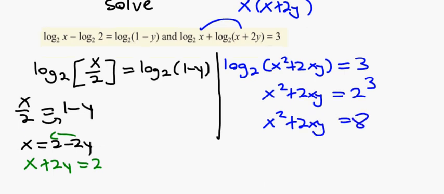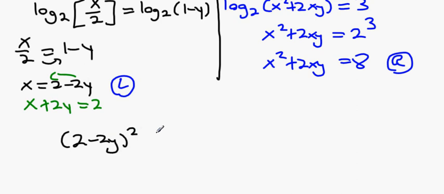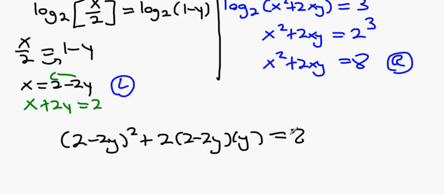Now what we need to do is, this is the linear, this is the quadratic, sub the linear into the quadratic. Well, we already have x on its own as 2 minus 2y, so let's use that. So we're going to get (2 minus 2y) squared plus 2 times (2 minus 2y) times y equals 8.